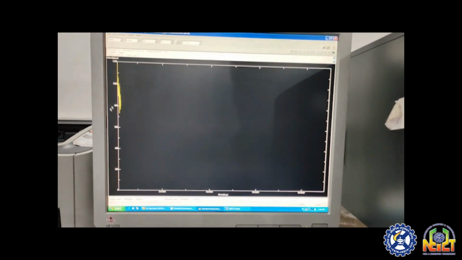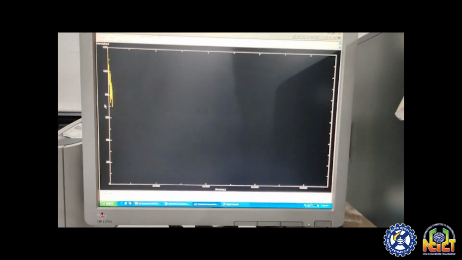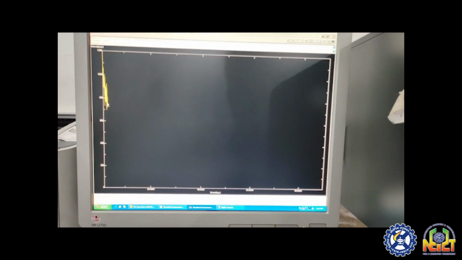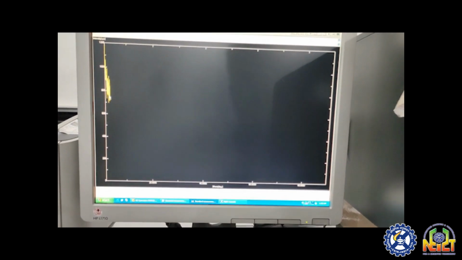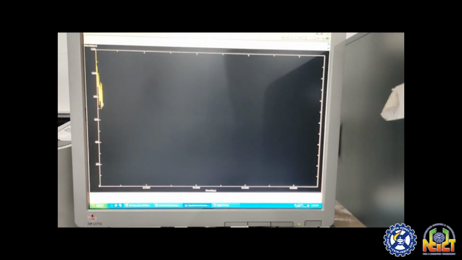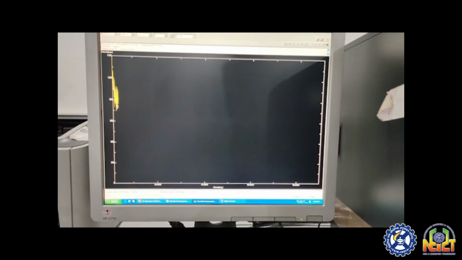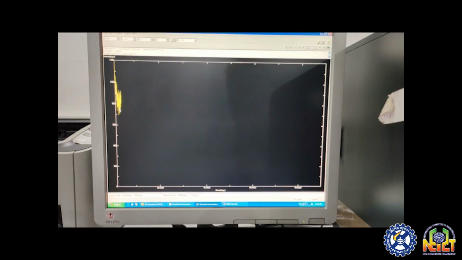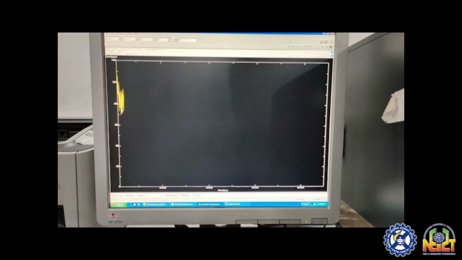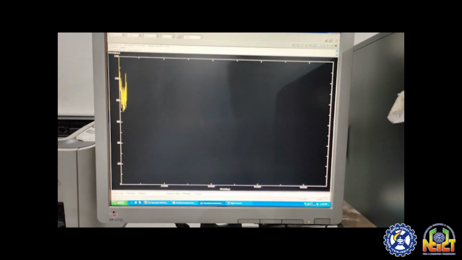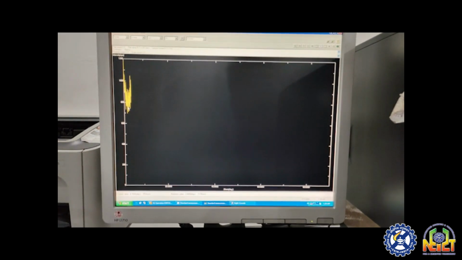Now our analysis begins. Here the formation of different peaks is starting. After a few minutes we will get some peaks, and from these peaks we can analyze different phases present in the sample.